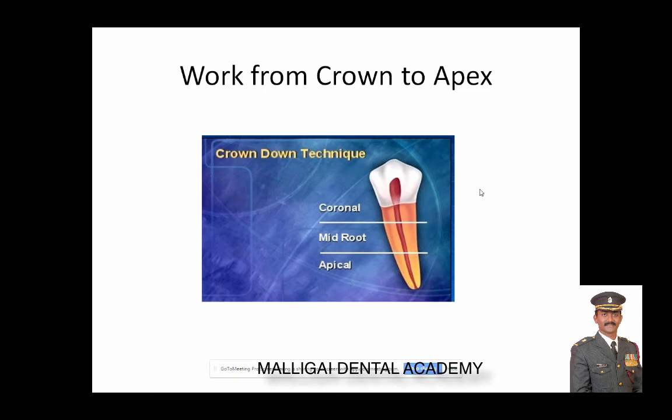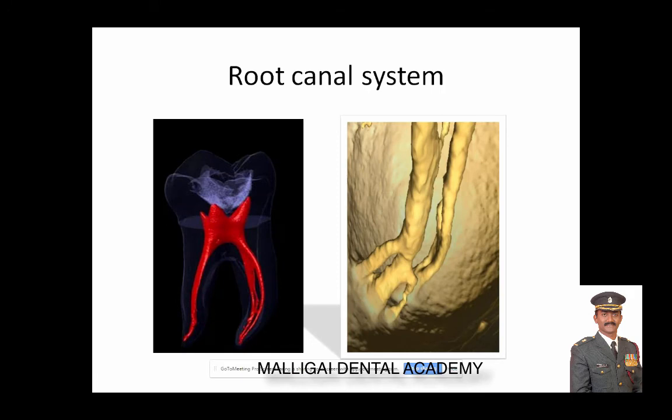What is the advantage of using the crown down technique, or why is it that we recommend the crown down technique or the hybrid technique for rotary preparation? If you see the images on your screen, image 1 shows us the root canal system in 3 dimensions.